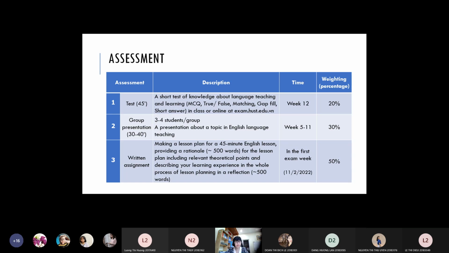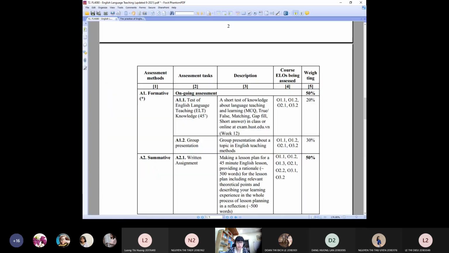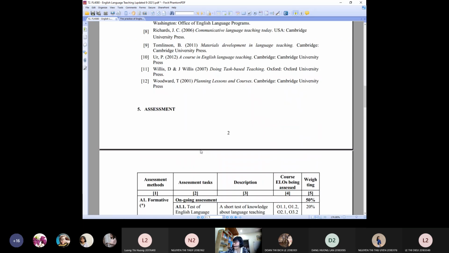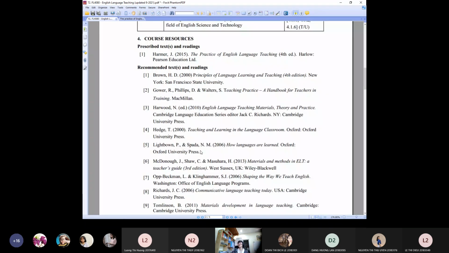Okay, right. Now, I think that's enough information for you about an overview. Just one more note. You see a list of books in the list for recommended readings. Most of the books here are available at the library of software.